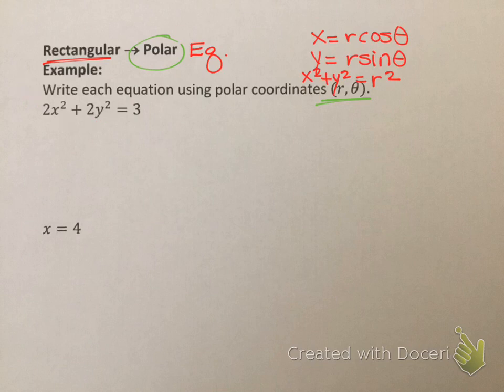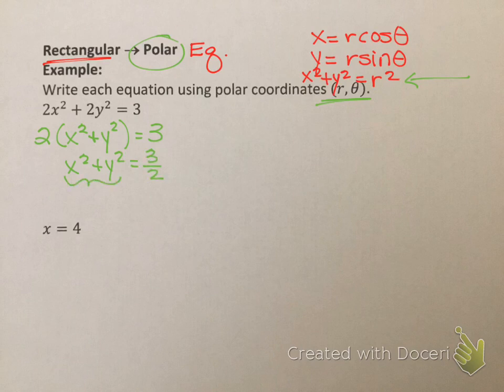All right, let's look at our equation here. 2x squared plus 2y squared equals 3. I see an x squared and a y squared, which tells me I want to aim for this, but it's not quite in the right form. However, if I factor the 2 out, I can write x squared plus y squared equals 3 halves.